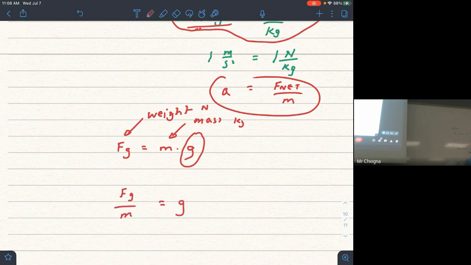This G is a subscript. That's just telling you what type of force it is. This is an actual number. They're two different things. Don't get confused. I mean, they're related, but the G on the right is a number. It's a constant, 9.81 on the Earth. On the moon, you're going to calculate it. It's going to be less.